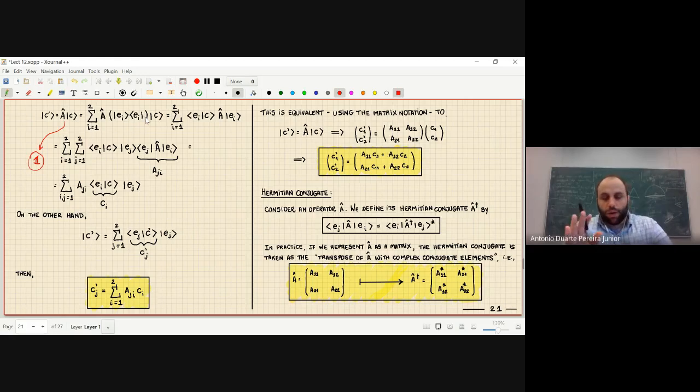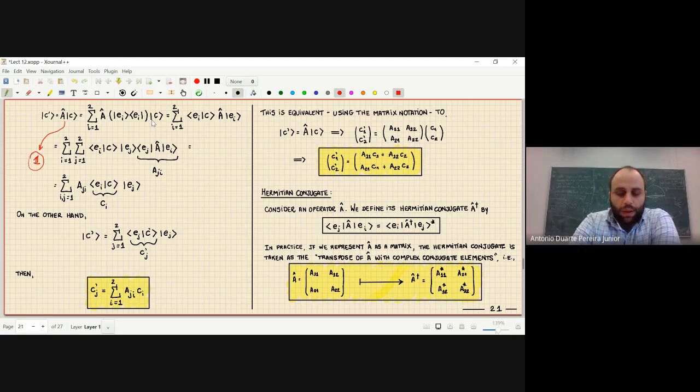Okay, so now let's pay attention to what I'm going to do here. I have an outer product EI acting on a vector.